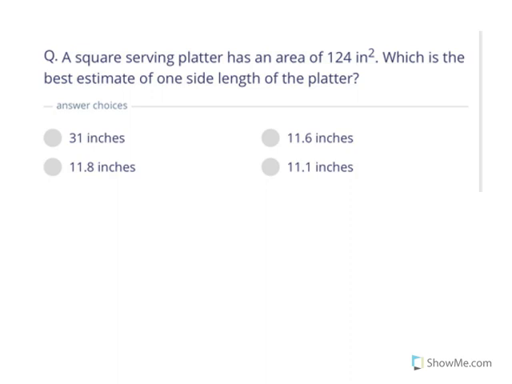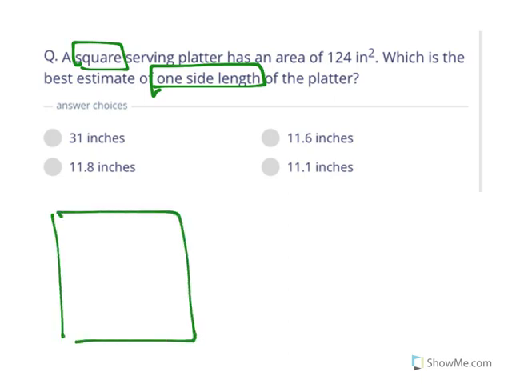Number one. A square serving platter has an area of 124 inches squared. Which is the best estimate of one side length of the platter? The key thing we need to know is one side length of a square. So I'm going to draw myself a square, and I know the area is 124.